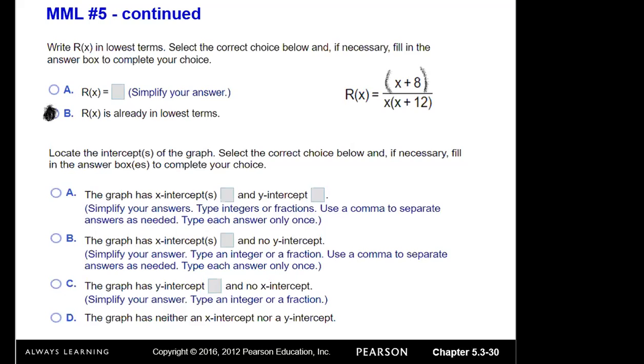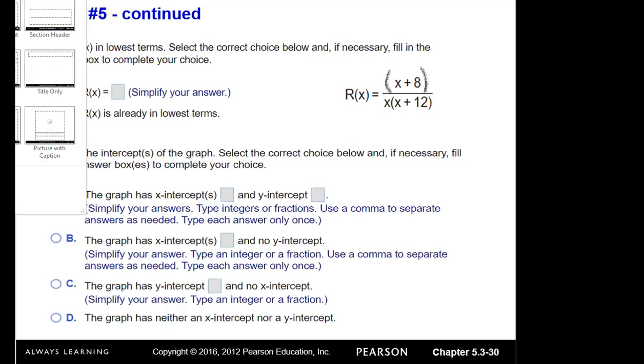So if you don't mind, I'm going to put in another piece of paper in here, a blank slide, because I kind of left out room. Okay, and my function was r of x. I just like to put y. Y was equal to the x plus 8 over an x times an x plus 12.